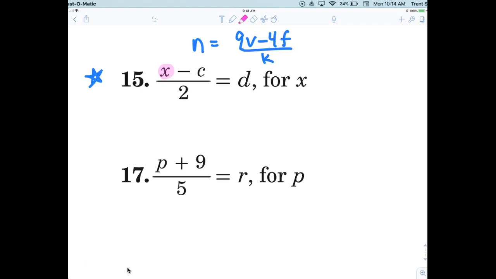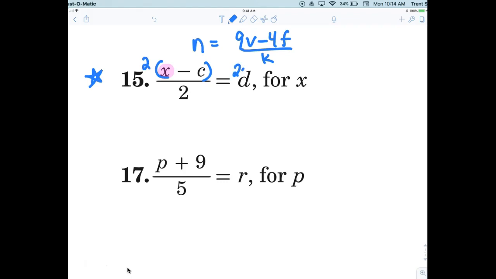You're exactly correct. I told you. Multiply by 2. Now, the reason why we multiply by 2 first this time is because that's a whole quantity that's being divided by 2. Bear with me. So to do that, I have to multiply both sides by 2.